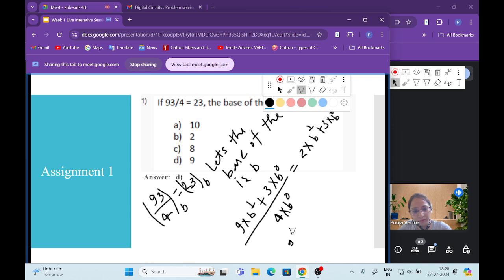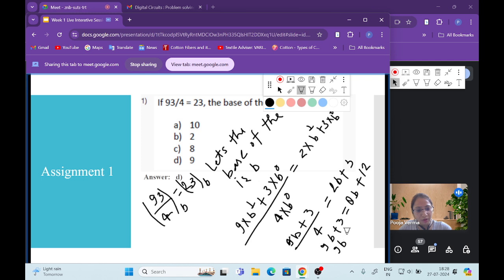So here we get 9B plus 3, since B to the power 0 is 1, and here 4. This side is 2B plus 3, right? Now 9B plus 3 is equal to 8B plus 12. Now find out B.